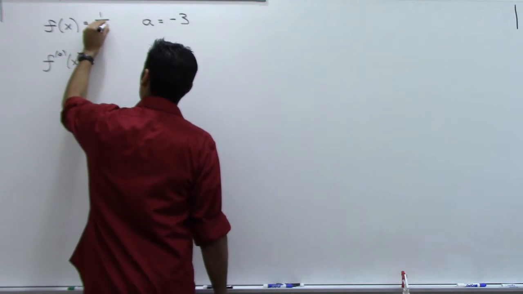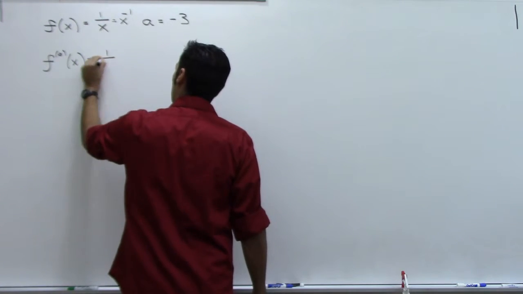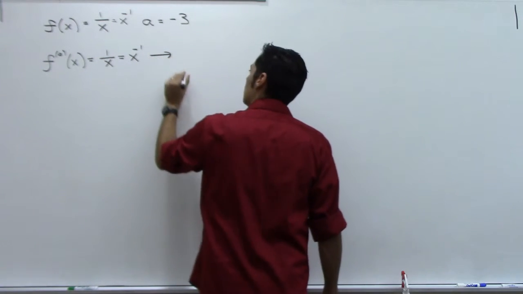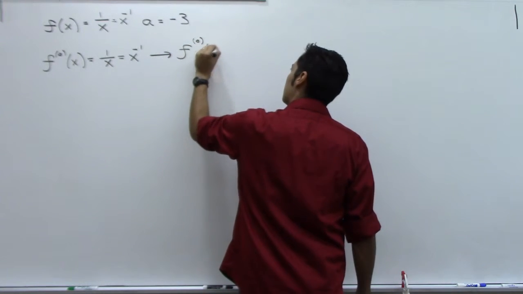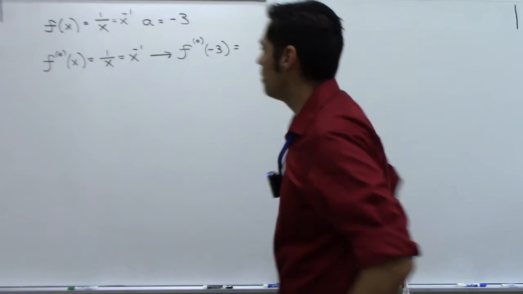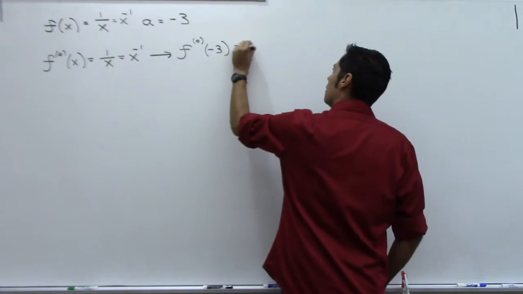Remember, this is x to the -1. So the zeroth derivative is just 1 over x. So when we plug in negative 3, let me just make sure it's negative 3. It is. We get negative 1/3.